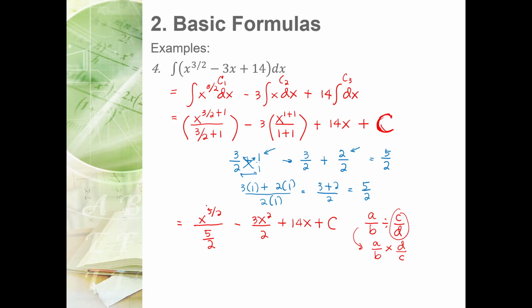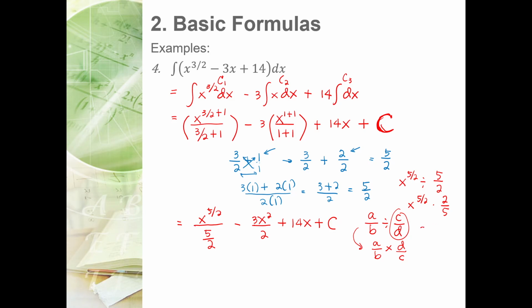So for example, here our A over B, or let's say our first term, is x to the power of 5 halves. And our second term is the 5 halves constant. So meaning we have x to the power of 5 halves divided by 5 over 2, di ba? Get the reciprocal: x to the power of 5 halves times 2 fifths.